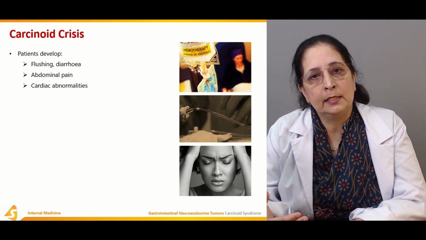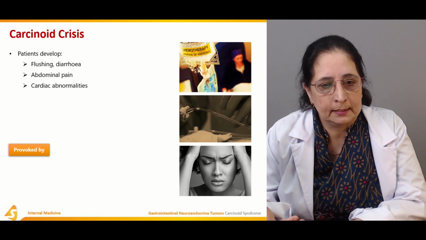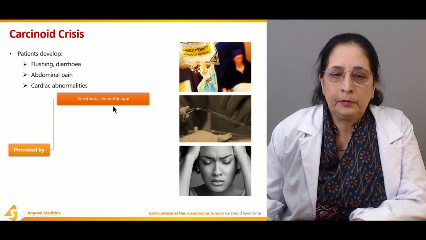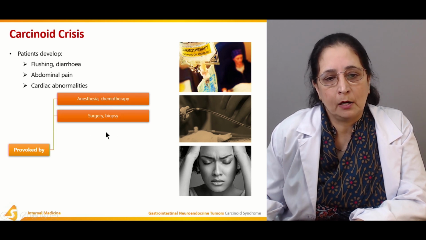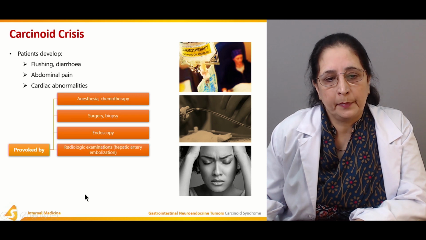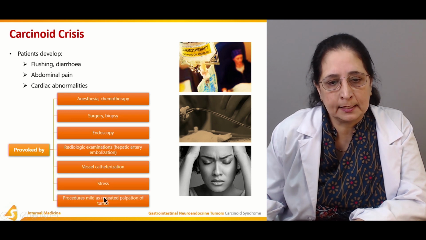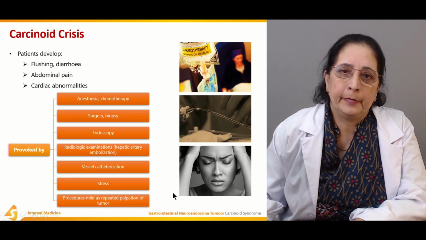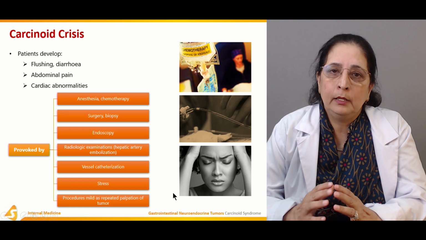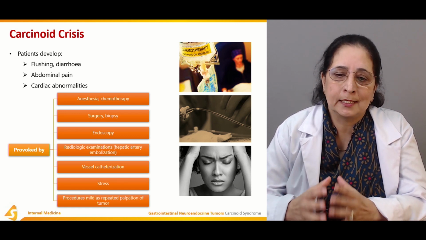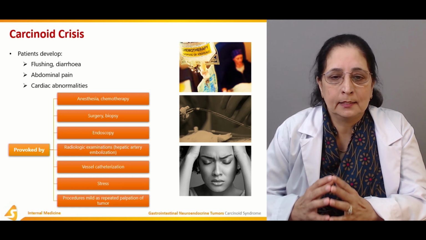Now the patient is in carcinoid crisis, which is provoked by anesthesia, chemotherapy, surgery, biopsy, endoscopy, radiologic examinations, vessel catheterization, stress, and even procedures as mild as repeated palpation of the tumor. All these are factors that can lead to carcinoid crisis, which is a serious condition.